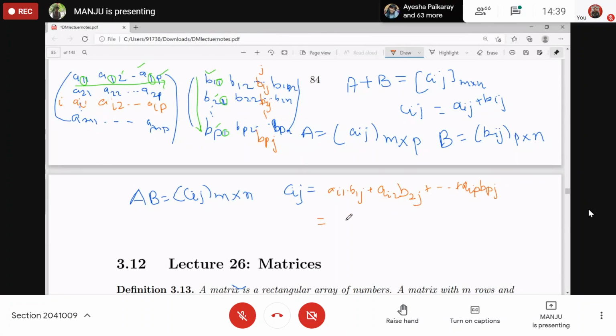In general, you can write in short Aik Bkj, because i and j remain the same. Only k is running from 1 to p, right? So this one is your Cij element. Understood? I hope explicitly you got it now.